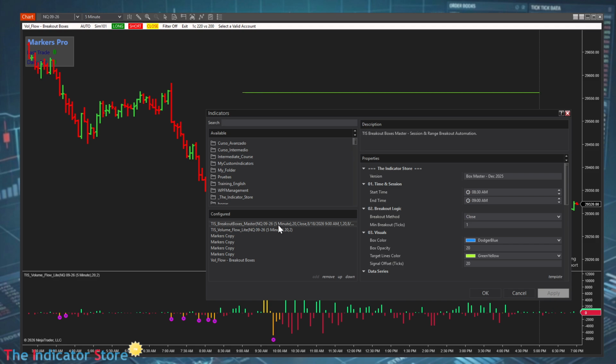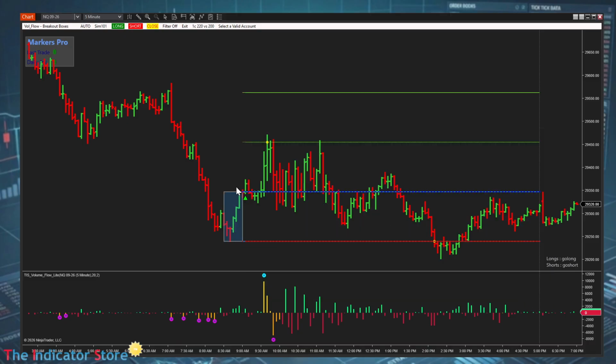We can see the parameters here. This is the breakout boxes. We only set the start time and end time. Usually we set the start of the session and half an hour. You can also try 1 hour. But the idea is it draws a top line and a bottom line, and then possible target 1 and target 2.